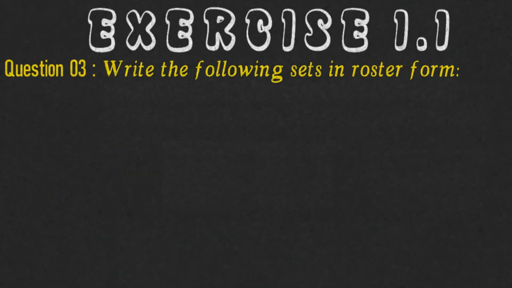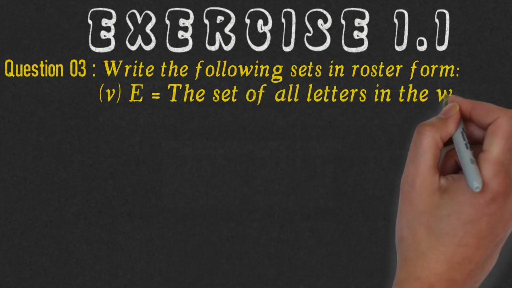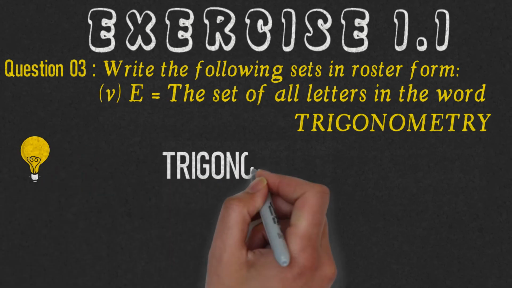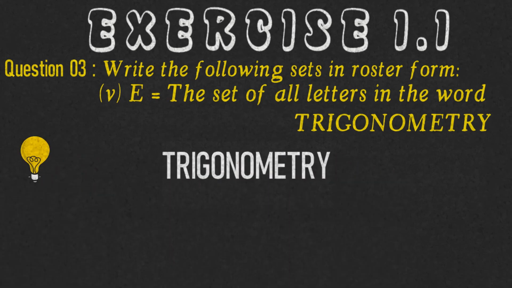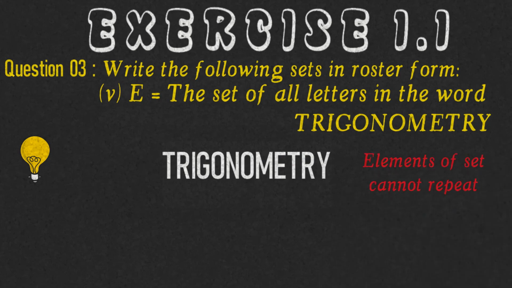Next is section 5 of question 3. E is equal to set of all letters of the word trigonometry. Solution. The word given in the question is trigonometry. We know the property that the elements of set cannot repeat. Now, let's take the letters from the word trigonometry without repeating.